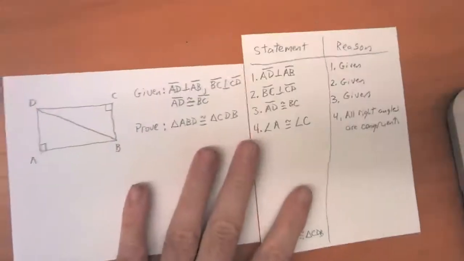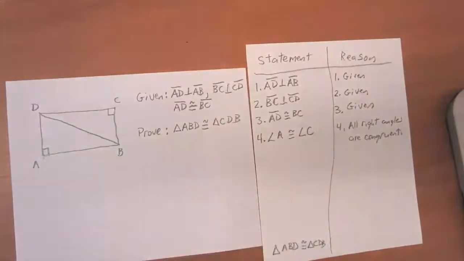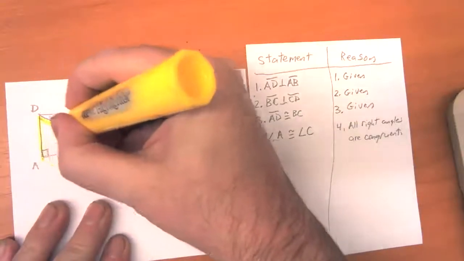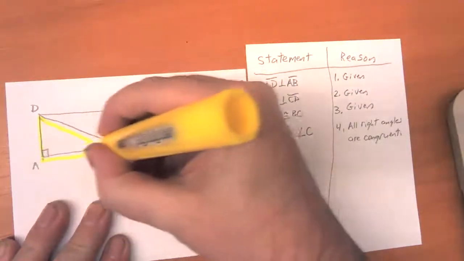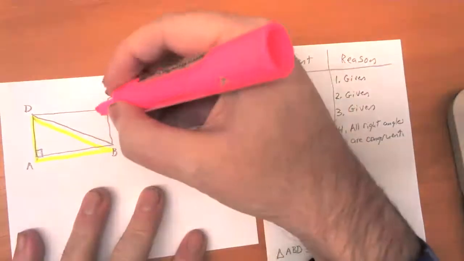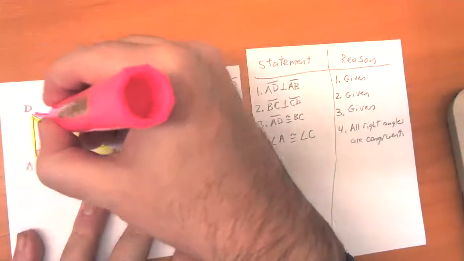All right, so here is a case where we want to prove that two triangles are congruent. And let me use my highlighter. So we want to say that ABD, which is that triangle right there, is congruent to CDB, which is this triangle right here.